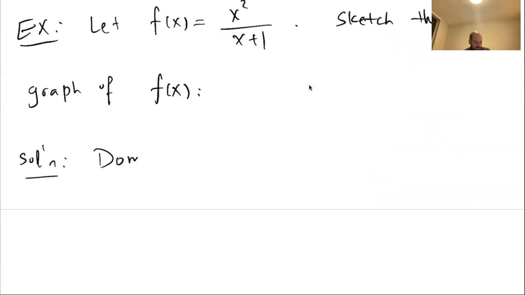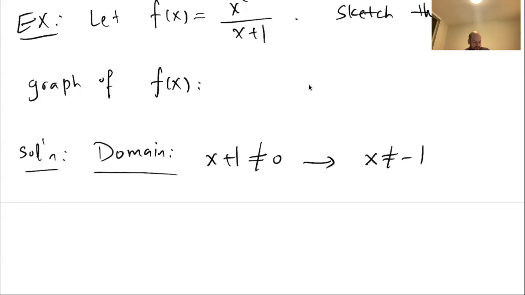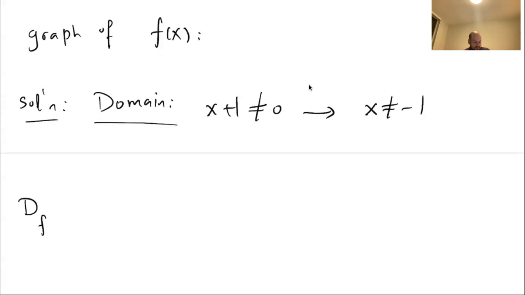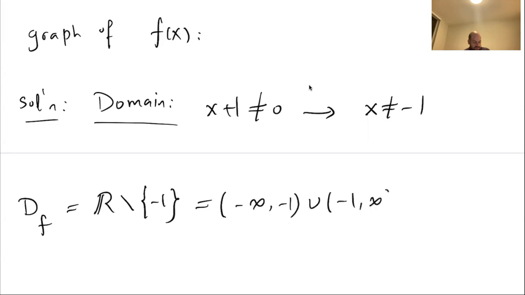For the domain, we need to make sure that the denominator is not 0. So x plus 1 not equal to 0. That gives x not equal to minus 1. So the domain D f is equal to all real numbers except minus 1, which can be written as minus infinity to minus 1 union minus 1 to infinity.